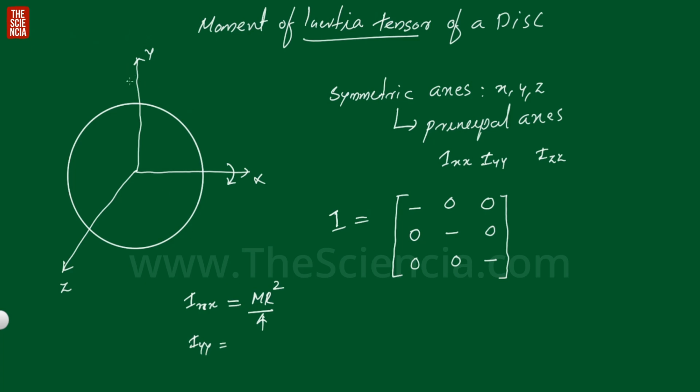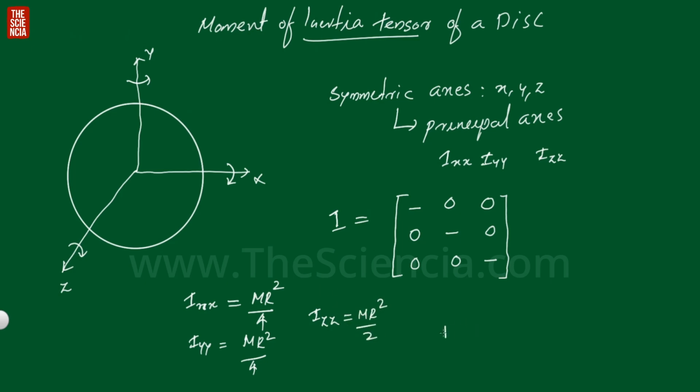It is also a diametric axis, so again we get m r square by 4. And for z, that is Izz, it is rotating about its axis, so it is equal to m r square by 2.